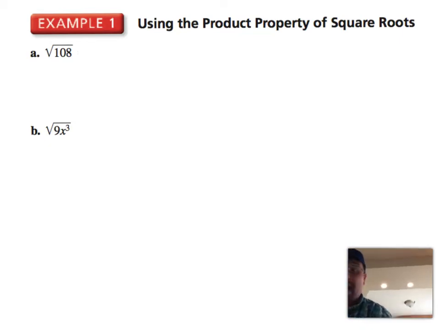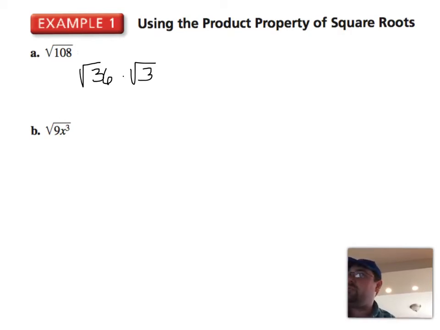You're going to find out that if you figure it out, that 36 goes into 108. And the factors will be 36 and 3. So I can use the product property of square roots to break that up into root 36 multiplied by root 3. Root 36 gives me 6, root 3 stays there. And there's your answer. You're done.